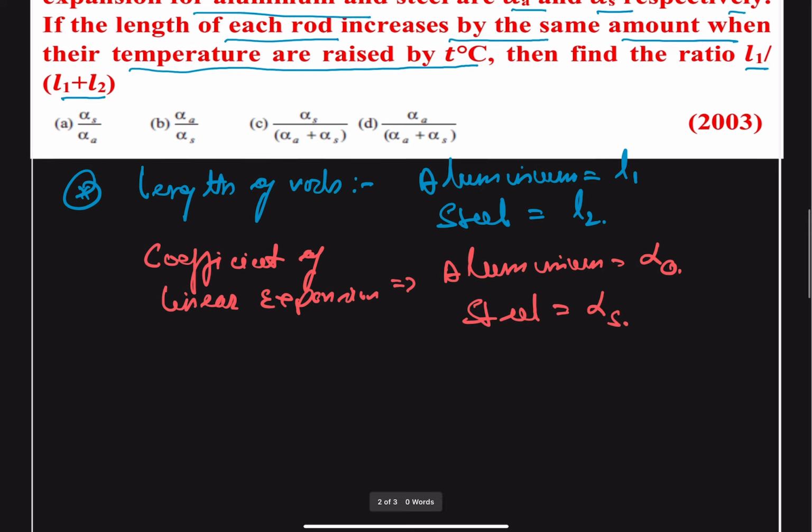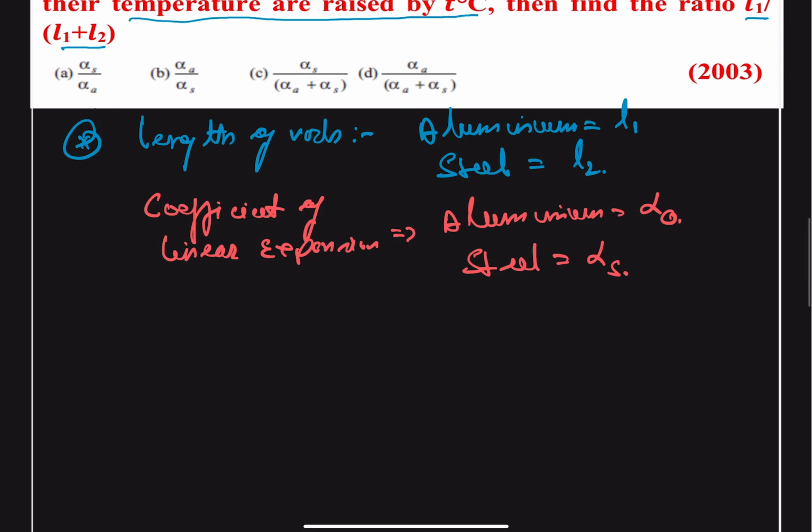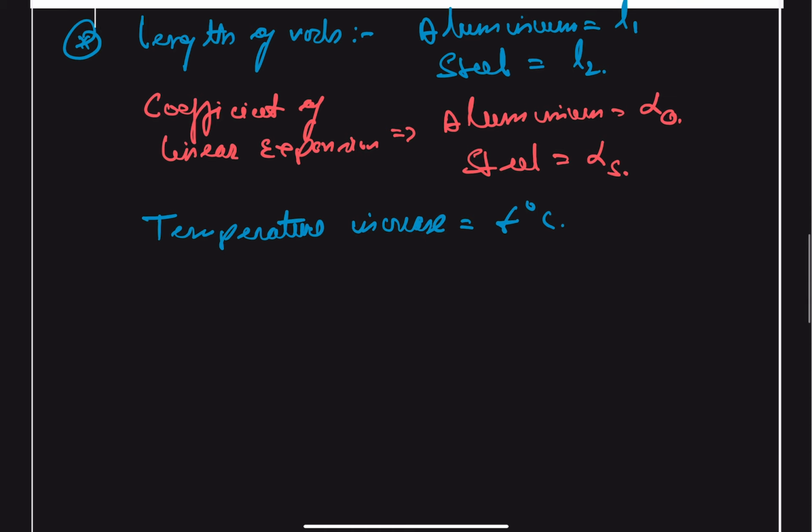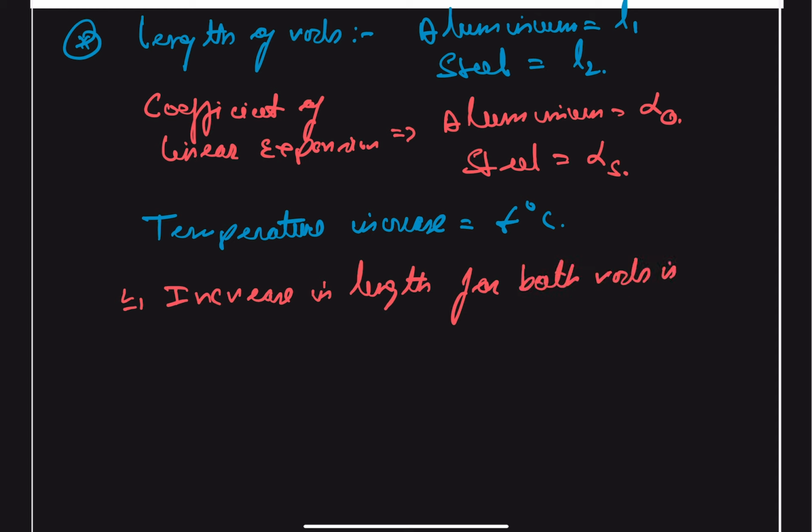And both are raised by the same temperature. So we can say the temperature increase is T degree centigrade, and it is also mentioned that the increase in length in both the rods is the same.